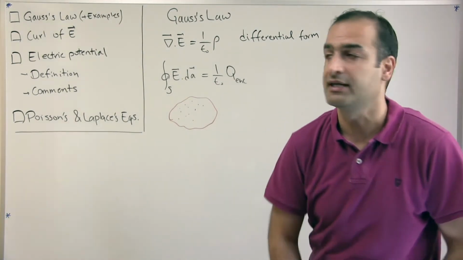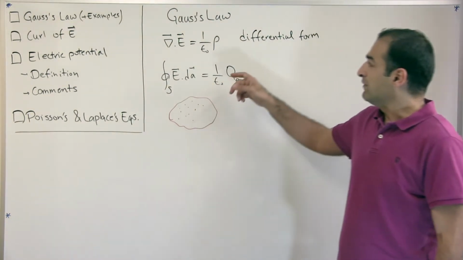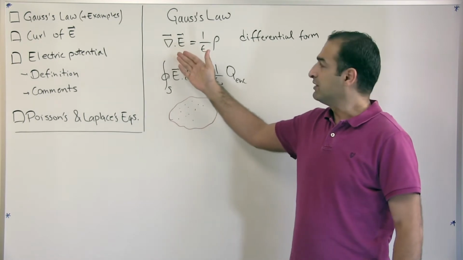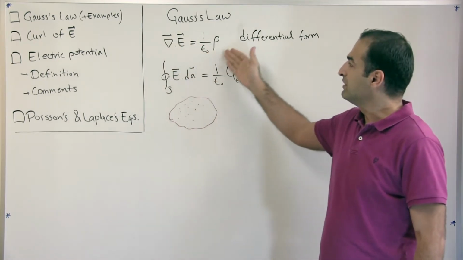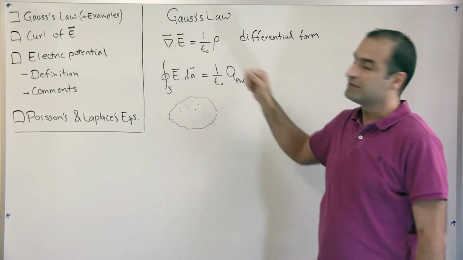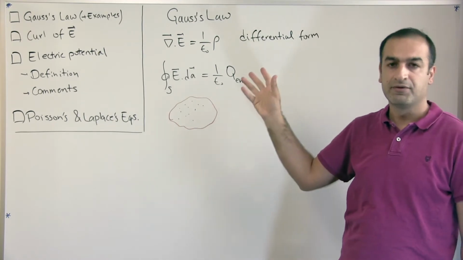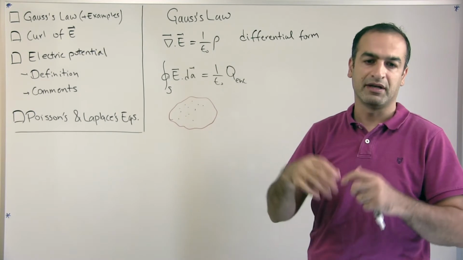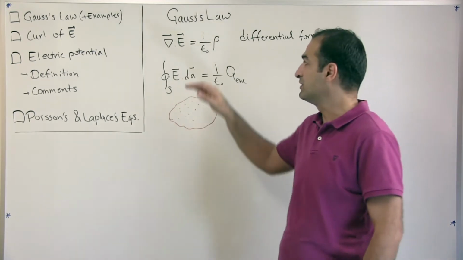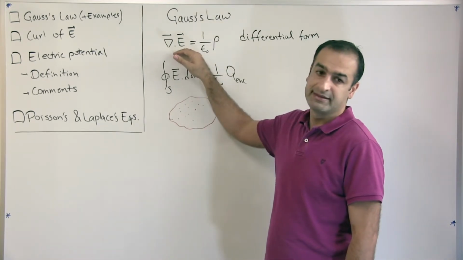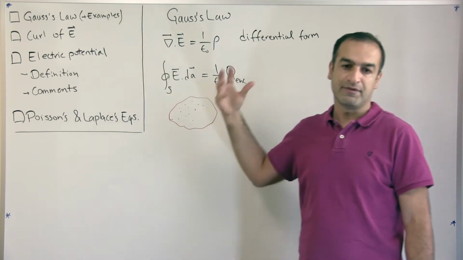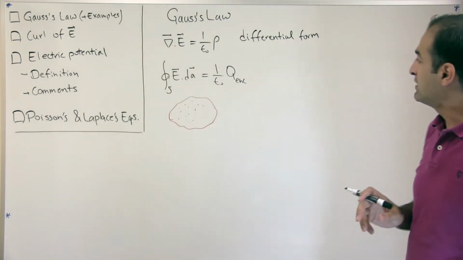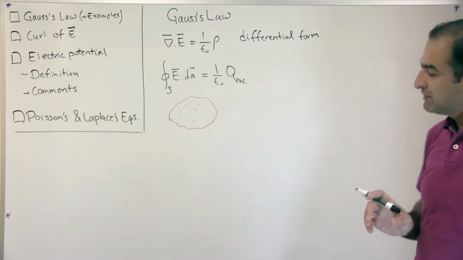Someone asked a question last Tuesday: if you use this in your research, a lot of times you will be a lot more comfortable using the differential form, because that way you can solve the equation numerically and you will have certain boundary conditions that you can use to calculate E numerically as a function of the charge distribution.